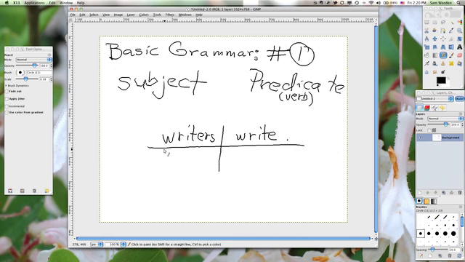So if I say bad, that's telling you what kind of writers. And then we could also modify what they do.